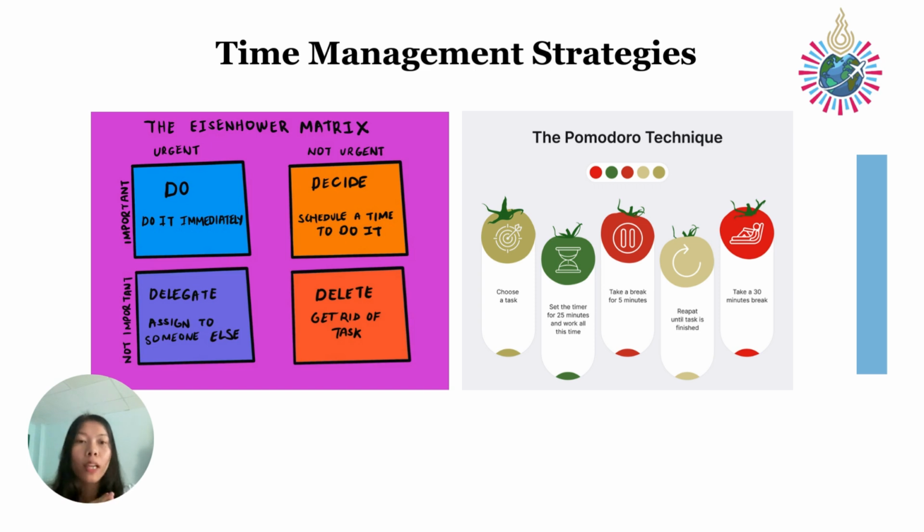After that, we take a break for 5 minutes, then continue again. After a few rounds, we can give ourselves a longer break, like 30 or 40 minutes. This keeps our focus sharp, helps avoid burnout, and makes big tasks feel less overwhelming.